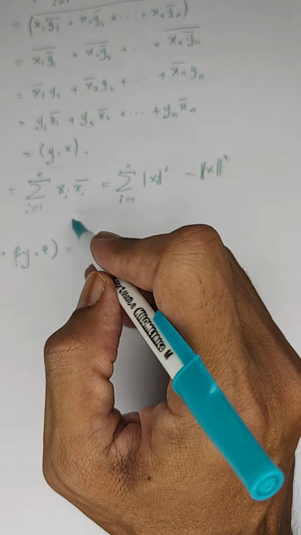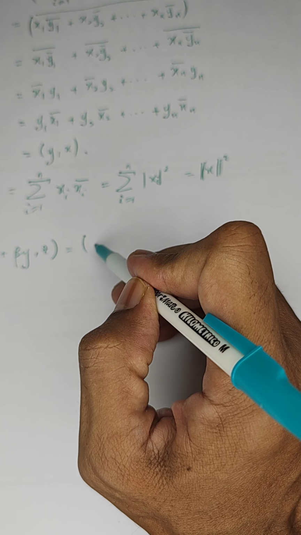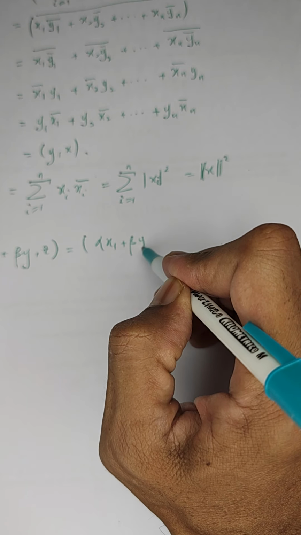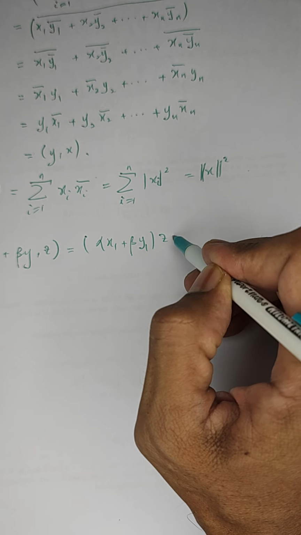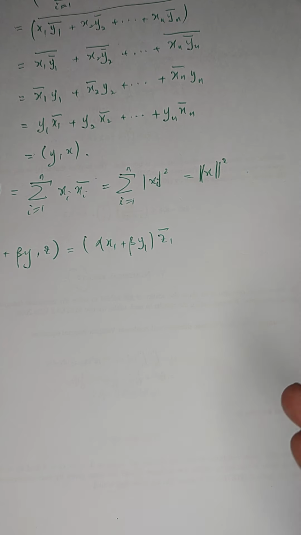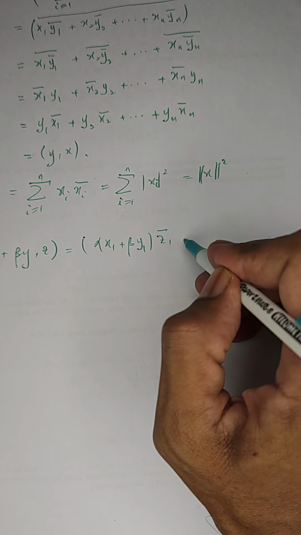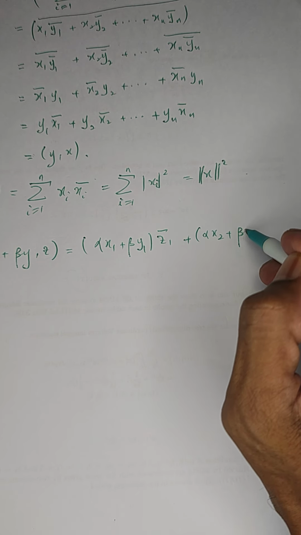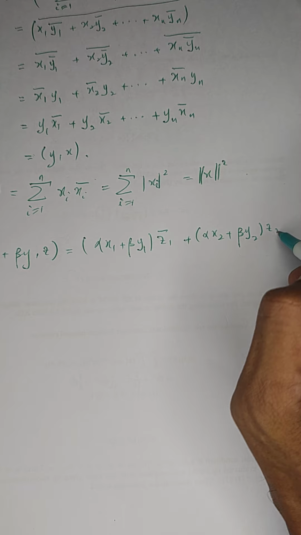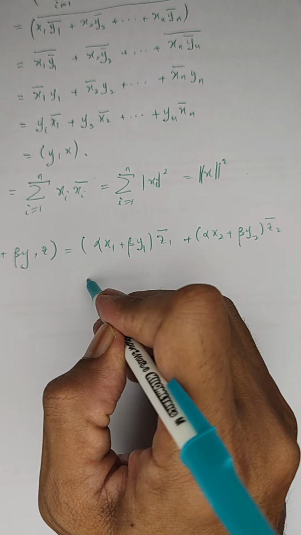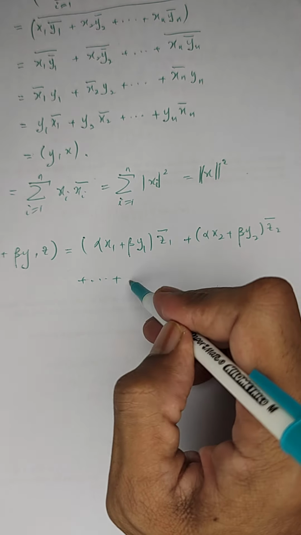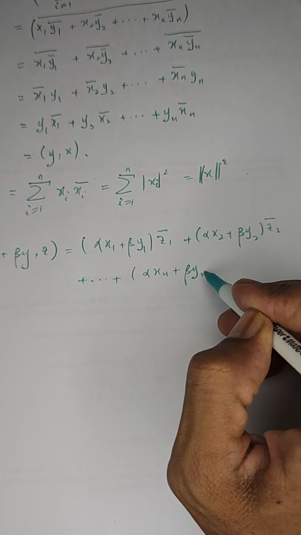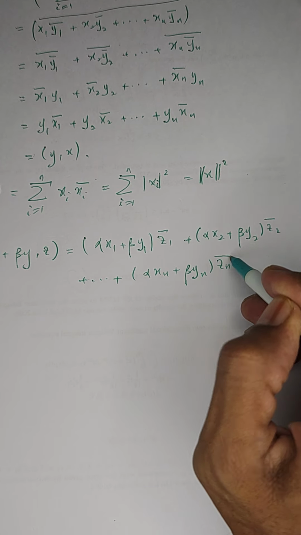What we have here is alpha x1 plus beta y1 times z1 bar, that's bar because of the definition of inner product, plus alpha x2 plus beta y2 times z2 bar, and so on, up to alpha xn plus beta yn times zn bar.